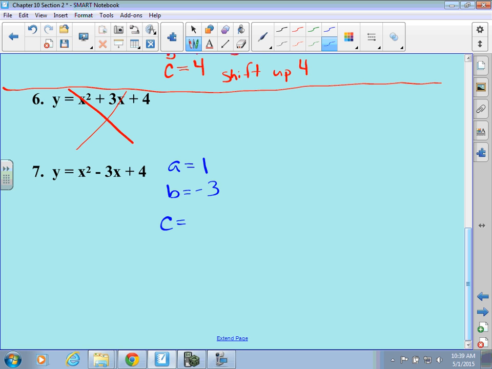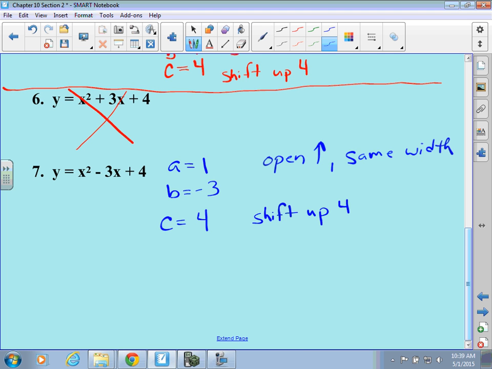Same width. Okay. Look at my C, it's going to shift up. What's going to happen because my B is a -3? Shift to the right.